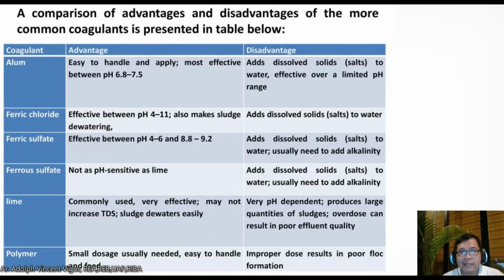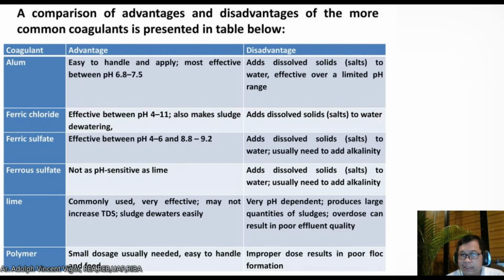These are the comparison of advantages and disadvantages of the more common coagulants, presented in detail below. The first coagulant is alum. The advantage is that it is easy to handle and apply, and most effective between pH 6.8 to 7.5. The disadvantage is that it adds dissolved solids to water, and it's effective over a limited pH range.